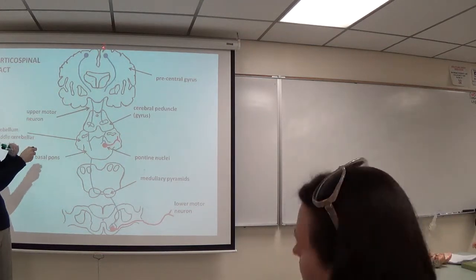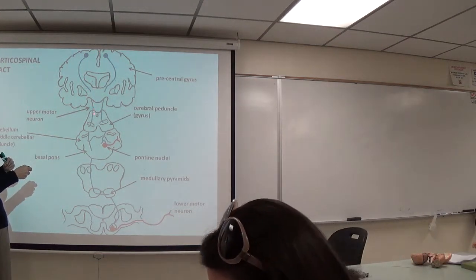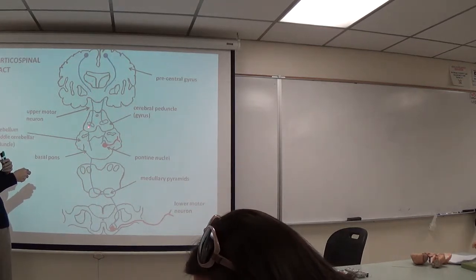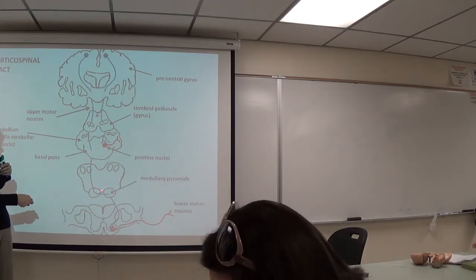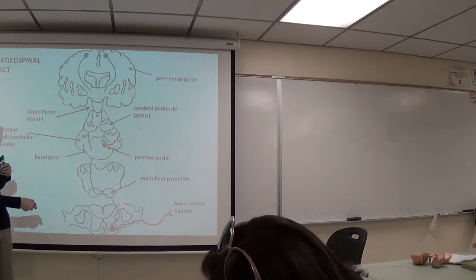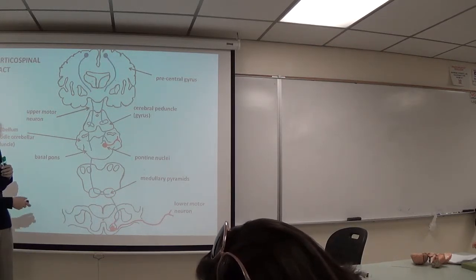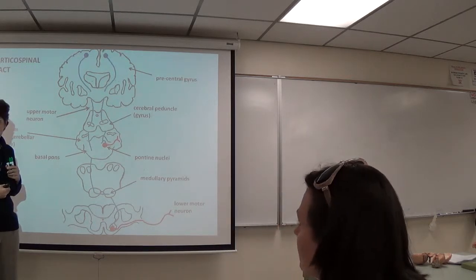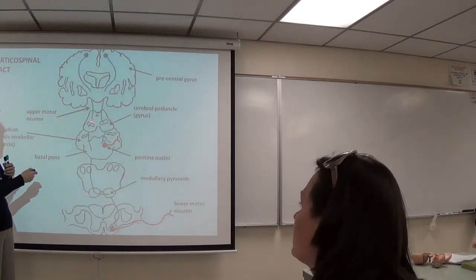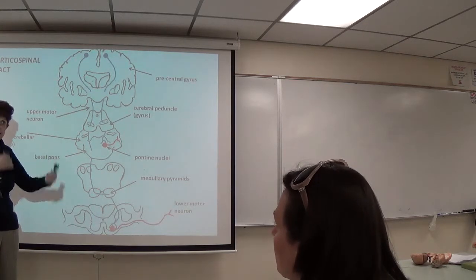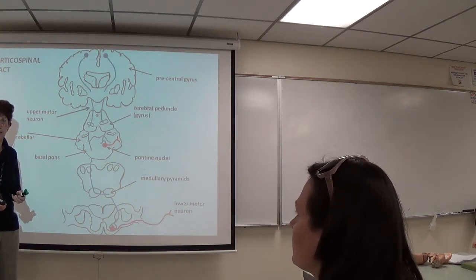So in our cortical spinal tract, our upper motor neuron passes through the cerebral peduncle, going on through the pons, crosses over in the medulla, and goes down the side of the spinal cord to synapse with the lower motor neuron. Okay? That's what forms our cerebral peduncles. That's what forms our pyramids, are those descending upper motor neurons.